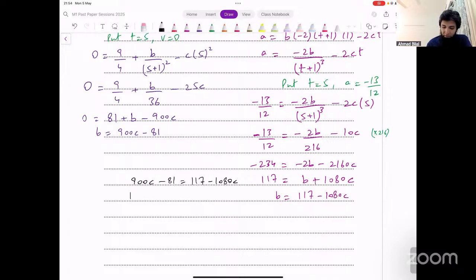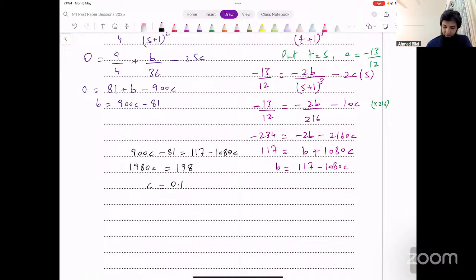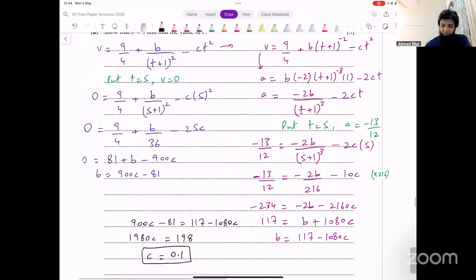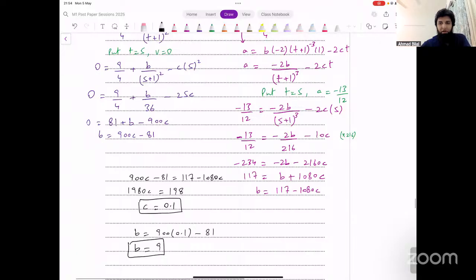That's 1980c equal to 198, and that will give you a value for c. That's going to be 0.1. Input that back in any one of those two equations to get the corresponding value for b. 900 into 0.1 minus 81, that's 90 minus 81, and that turns out to be 9. c is equal to 0.1 and b is equal to 9. And that's what you had to find in the first part.